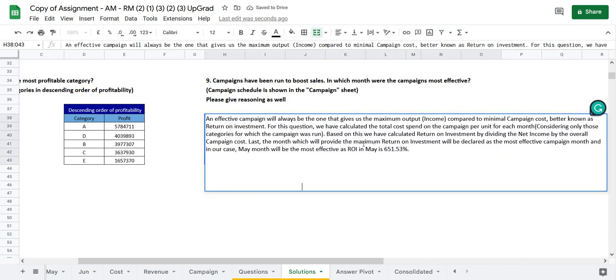An effective campaign will always be the one that gives us the maximum output, that is income, as compared to the minimum campaign cost, better known as the return on investment, or ROI. If we calculate ROI for every month, the May month will have the greatest return on investment, which is 651.53 percentage. So that's why the answer for this ninth question will be May.